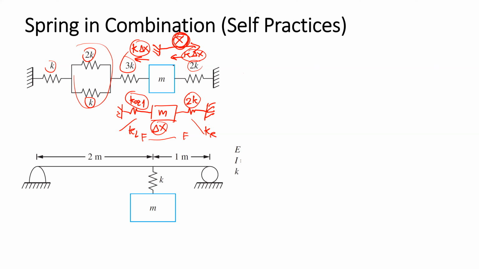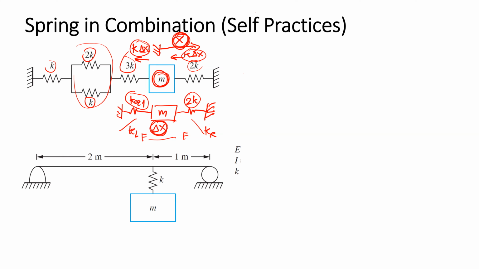The things that are equal in this case, the constraint, are the delta X and the total force on M.